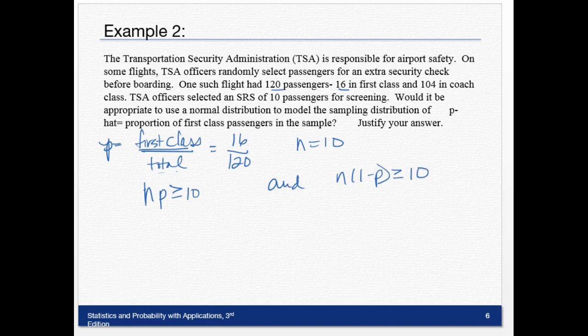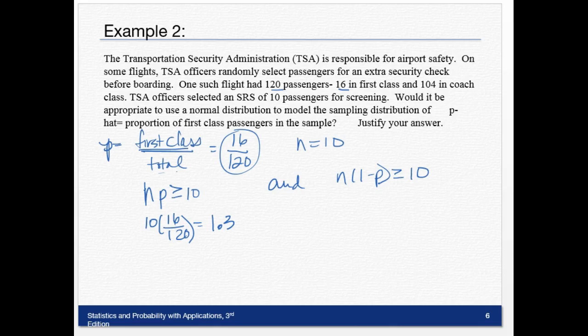We know that p is this fraction right here, and 10 is our n, so I say 10 times 16 over 120. If I put that in my calculator, I get 1.3. Not greater than 10.